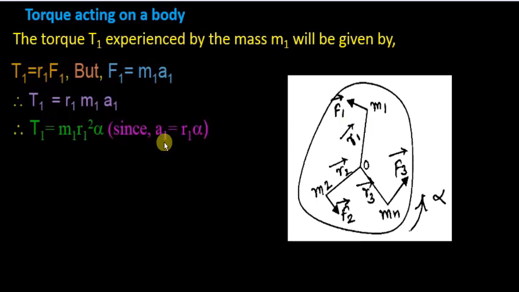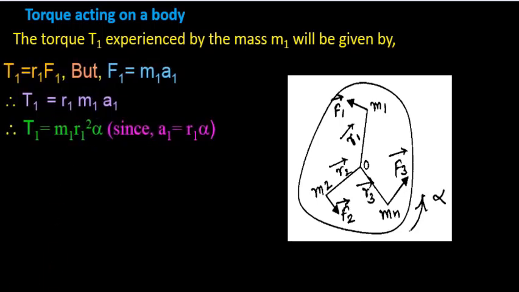Though linear accelerations are different for different particles, remember angular acceleration is the same for all particles. This is because angular acceleration is the rate of change of angular velocity, and angular velocity is the same for all the particles, and therefore the rate of change of angular velocity is the same, and therefore alpha is the same. If we put this value of a1 in this equation, we get this equation.